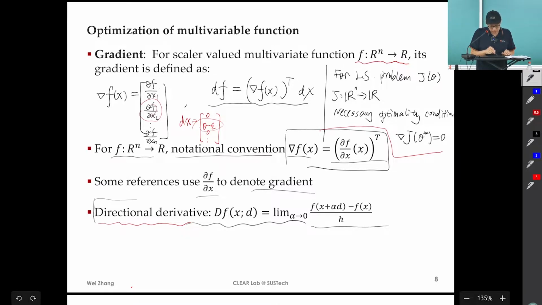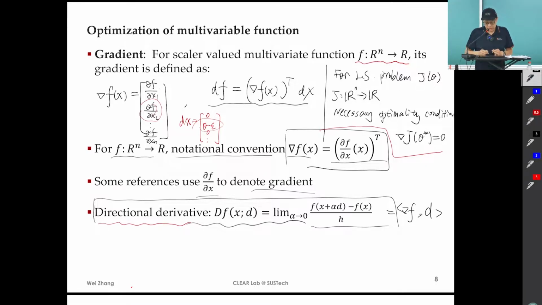If you want, you can find the directional derivative definition. It is nothing but the gradient inner product with the direction you are moving. Along a certain direction, everything becomes a scalar derivative. You fix a line and move along that line, and that becomes a scalar function.